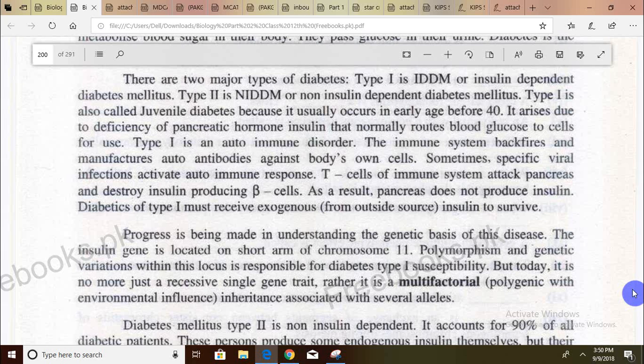But before that, you have to write no longer a recessive single gene trait. Recessive meaning we have just one causative allele and it is recessive, and one gene with one causative allele.